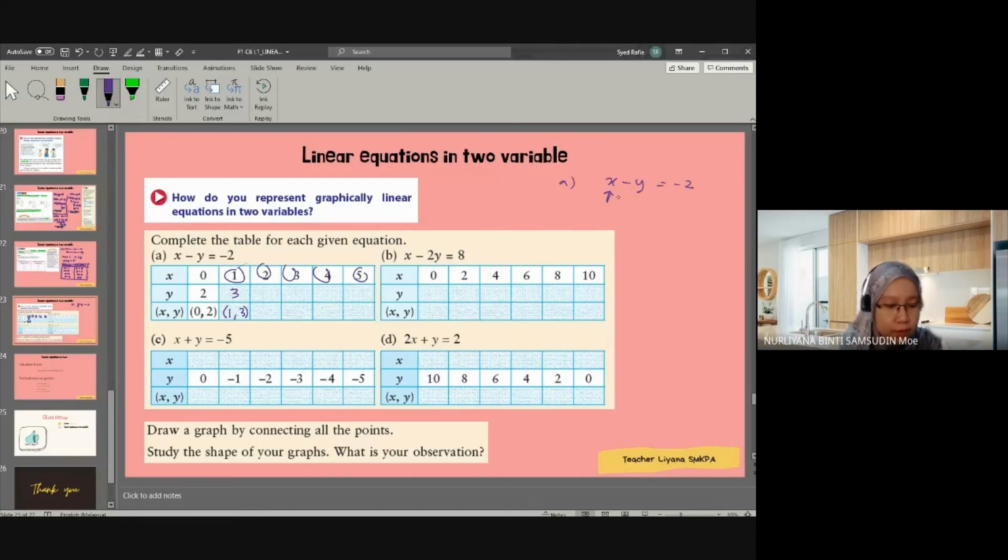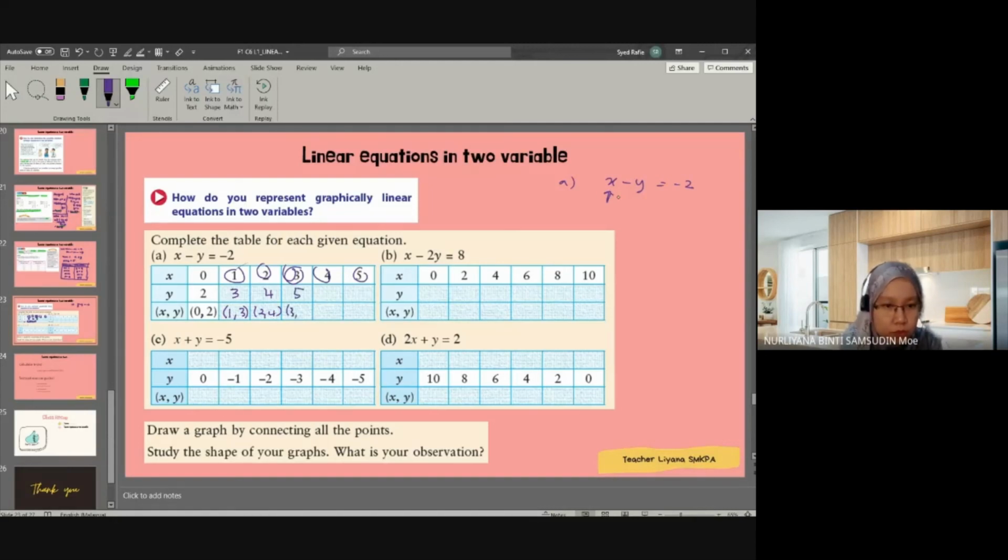Okay, next, substitute the x with 2. So solve. y is 4. Coordinate is 2, 4. Now I substitute here with 3. I got 5.